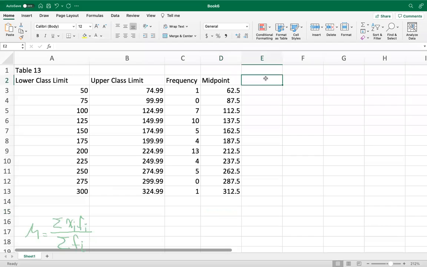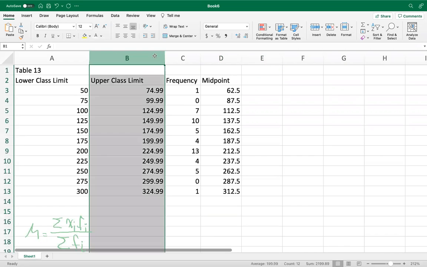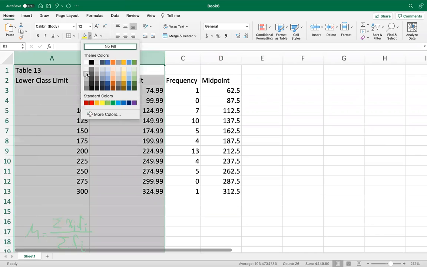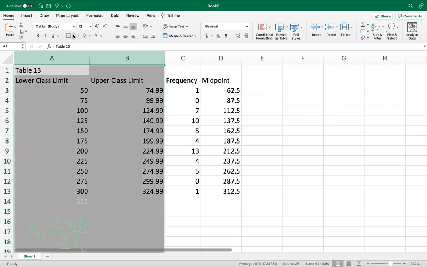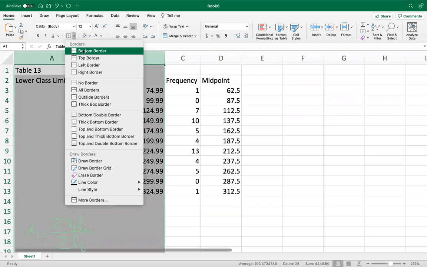So first thing we're going to do is, here, x ends up being the midpoints, because that's the value that's representing each of these classes. So the one value that represents each of these classes is going to be this value here. Again, we're only going to concentrate on this data. So for right now, let's make it a little obvious that it's not exactly part of the data set.